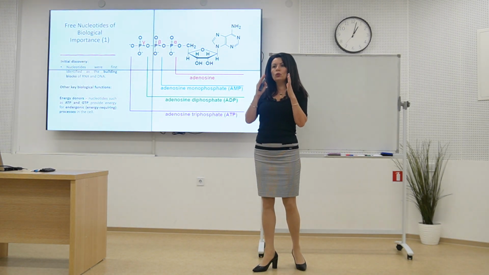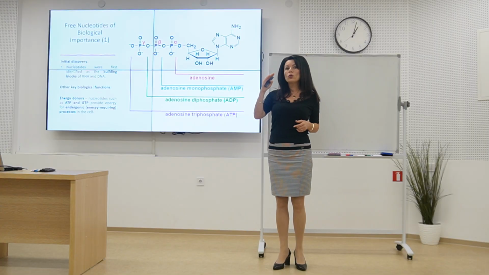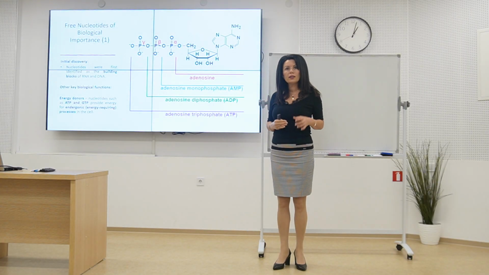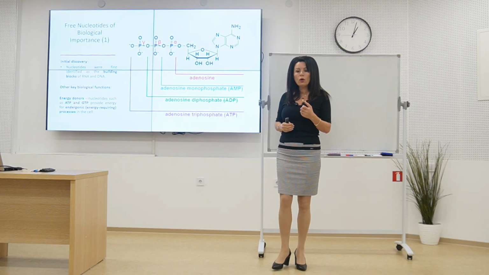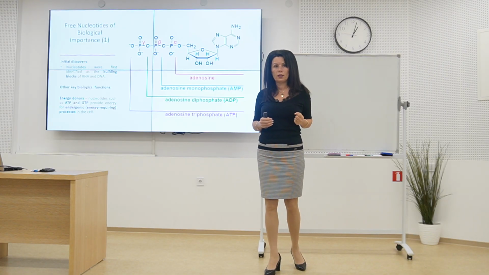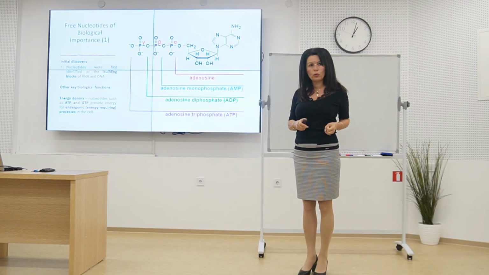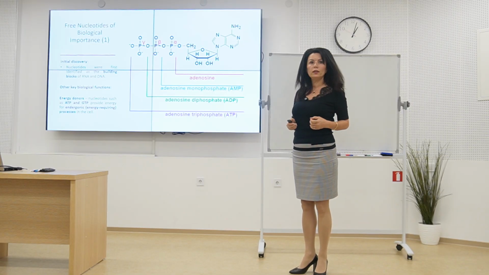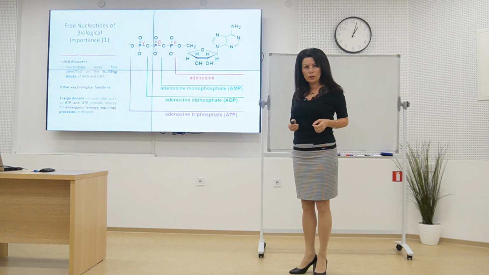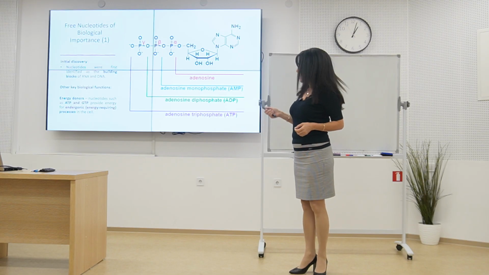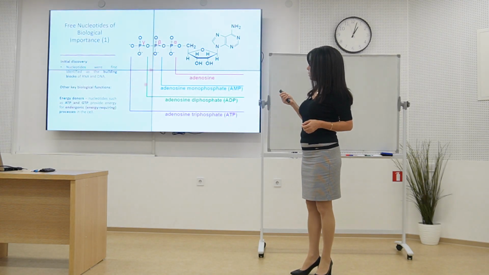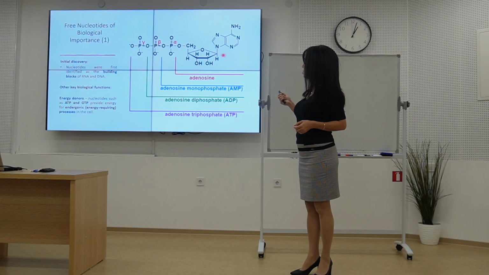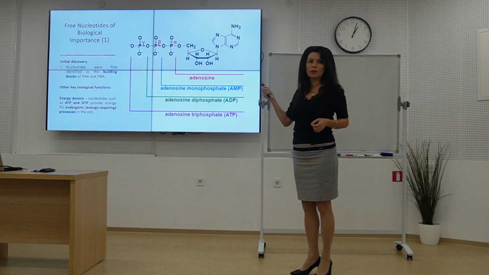Except for nucleotides connected in polynucleotide chains, there are some free nucleotides in our cells. And you have to know the role of free nucleotides. This is the first example of a free nucleotide, which is called ATP, adenosine triphosphate. In the structure of ATP, we have the base, which is adenine, one pentose, and 3 phosphate atoms.